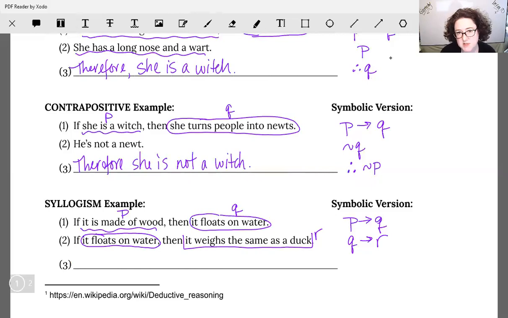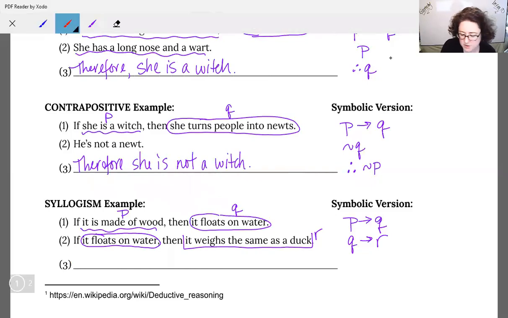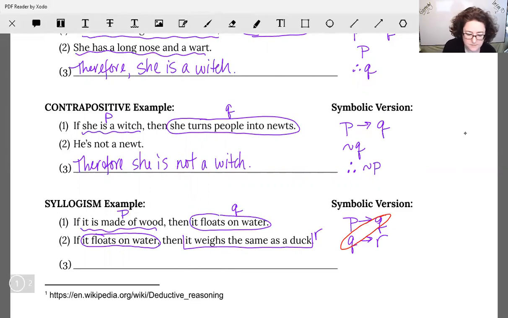And so our syllogism example, just like transitive property, you've got those middle 2 statements that when you're writing your conclusion, you're just going to ignore. So if I ignore those, then I'm left with, therefore, if P, then R. I'm just going to fill in the ideas that we already labeled with the P and the R from our previous statements.